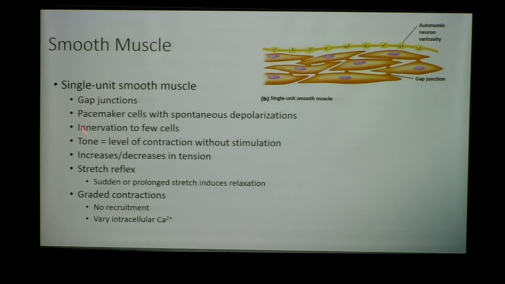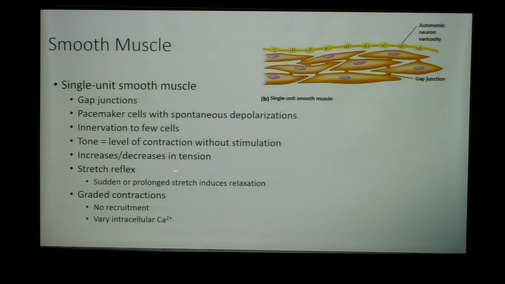And that is what we call a spontaneous depolarization or a pacemaker potential. We'll talk about that again in a bit. So that is tone, this level of contraction where if you do nothing to a single unit smooth muscle cell, it will contract on its own, okay, in the absence of stimulation.